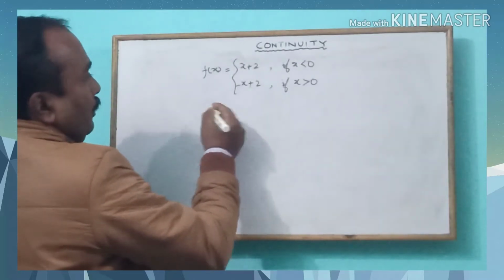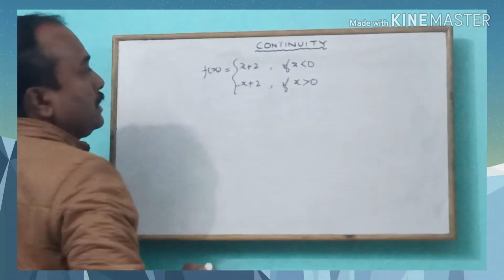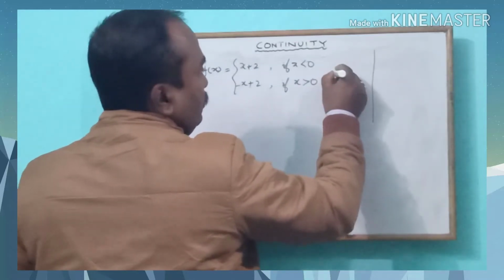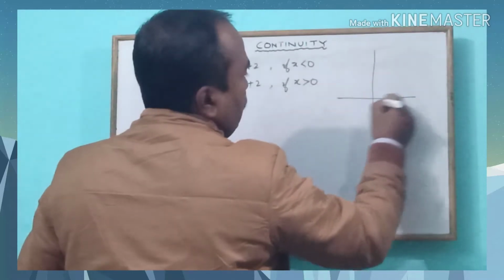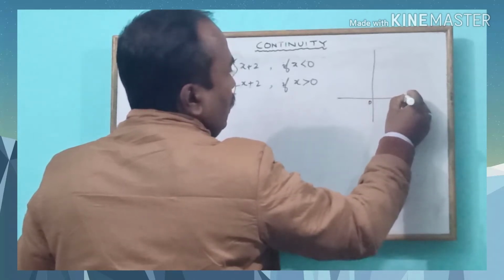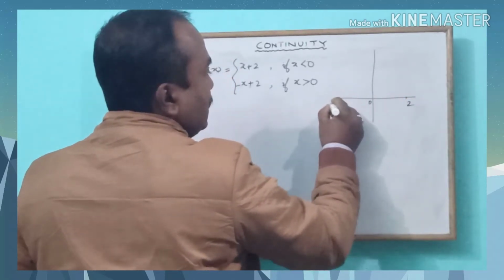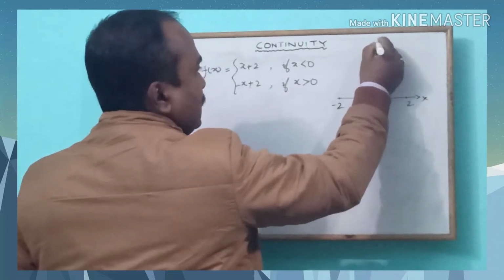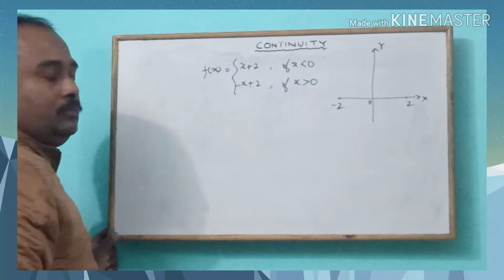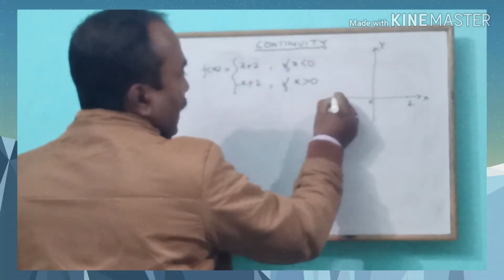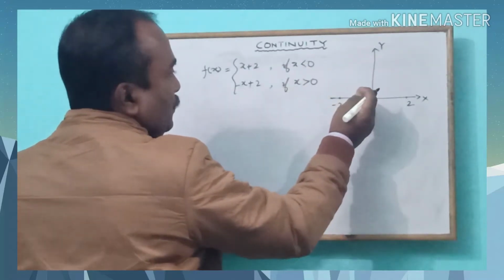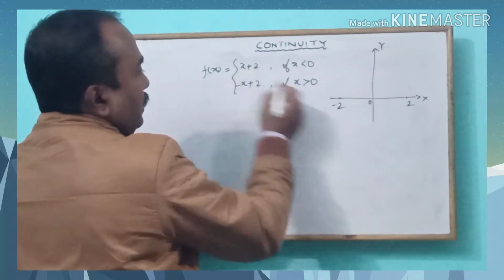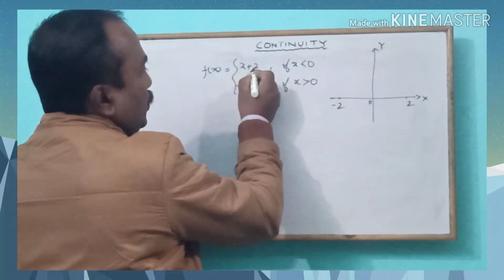So if the function is not defined at x equal to 0, let us draw the graph. This is 0, this is 2 and this is minus 2. This is the x-axis, this is the y-axis. Now for values of x less than 0, on this side, we have say minus 1. If I put minus 1, plus 2 is 1.